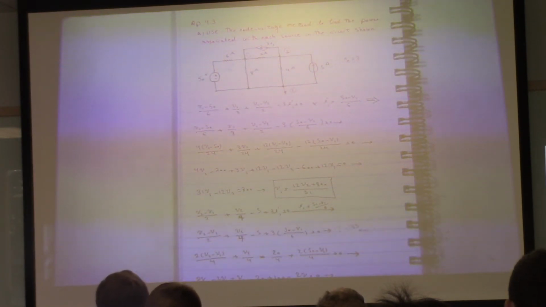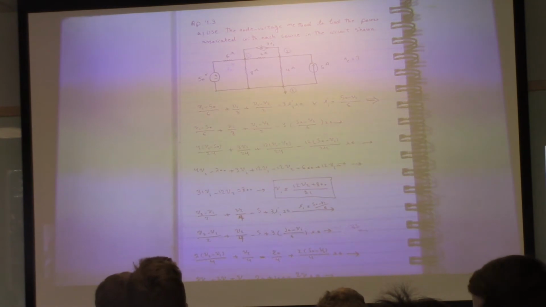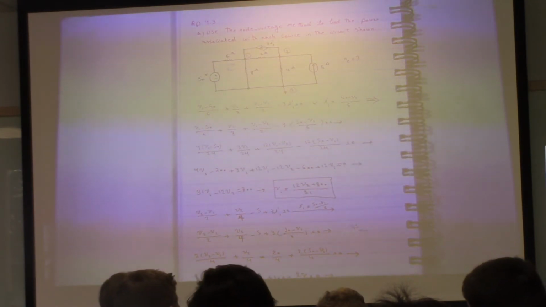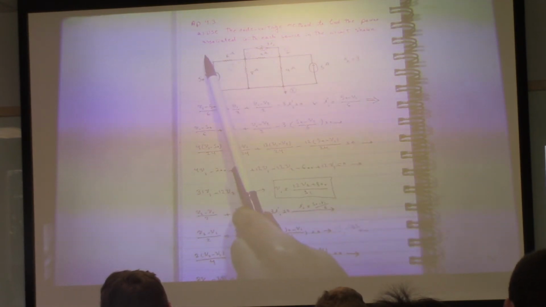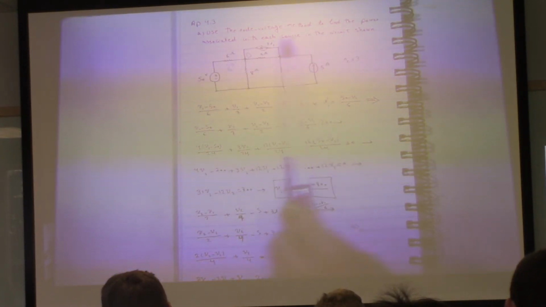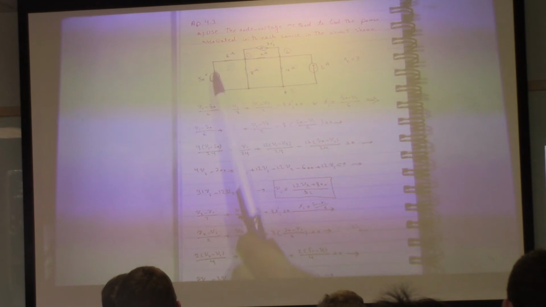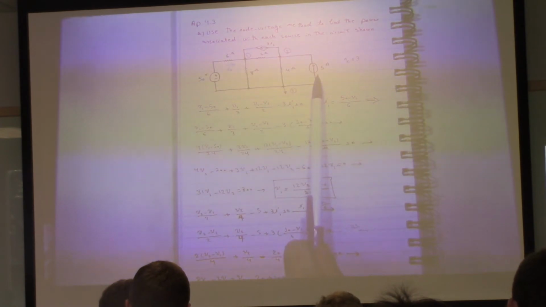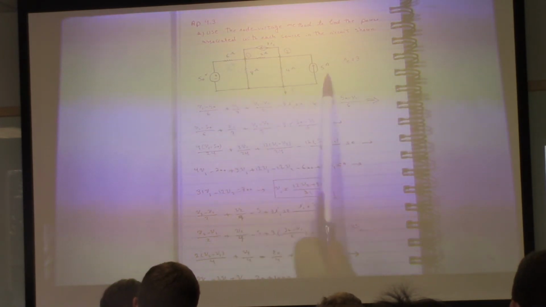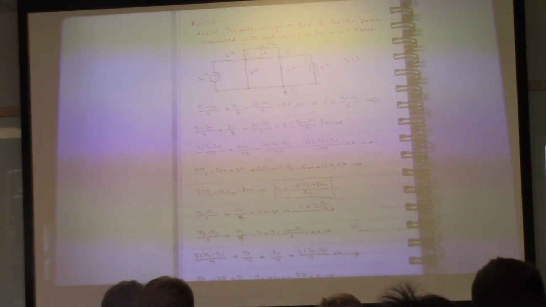Problem 4.3. Again, use the node voltage method to find the power associated with each source. When you say each source, how many sources do you see? How many sources? 3. 2 independent sources and 1 dependent source.